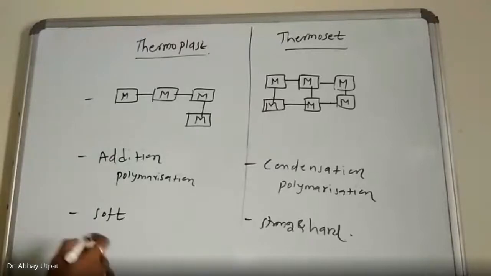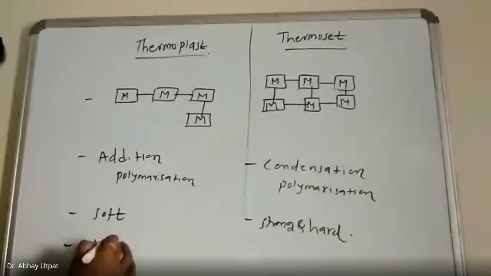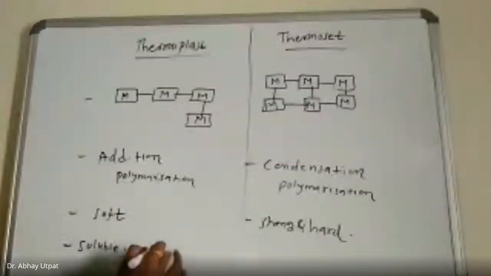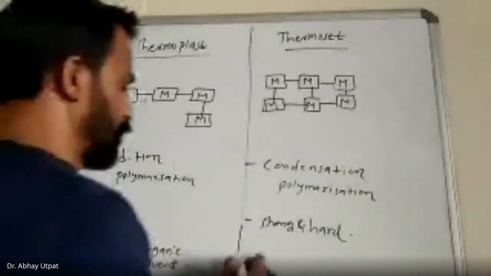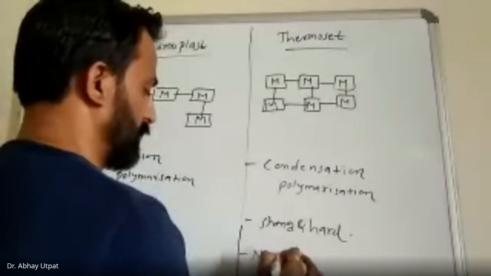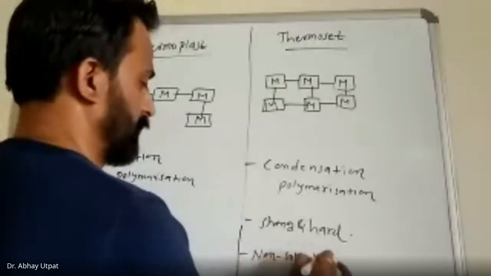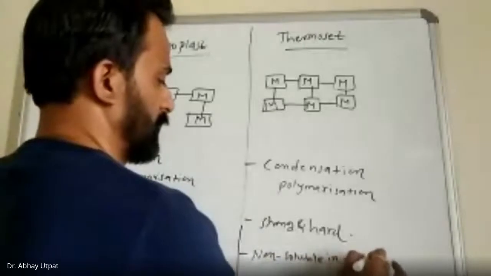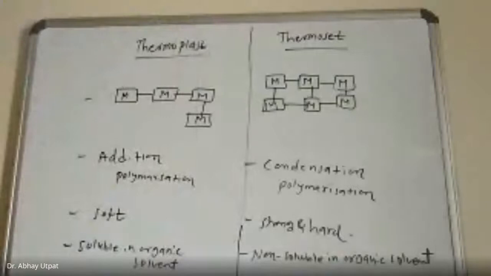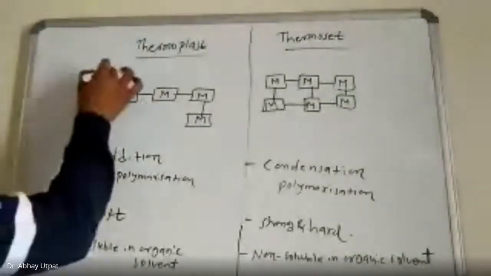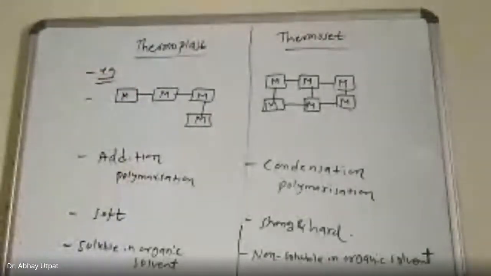Thermoplasts are soluble in organic solvent. Thermosets are not soluble in organic solvent. Examples of thermoplast: acrylics, nylon, PVC.